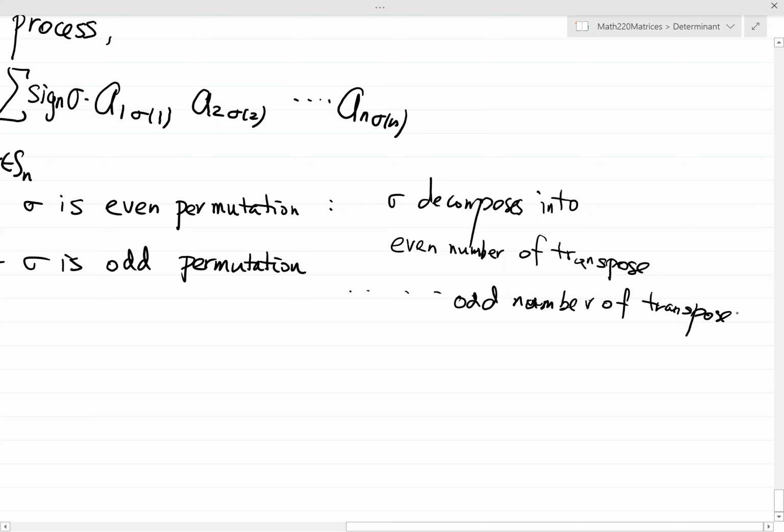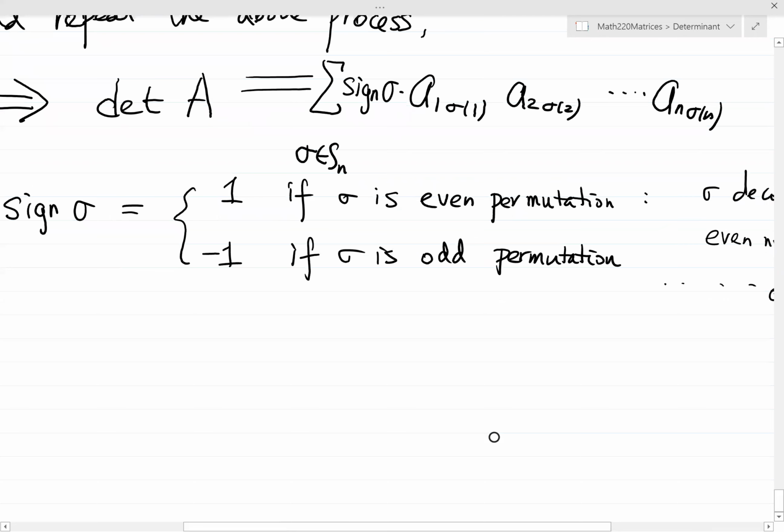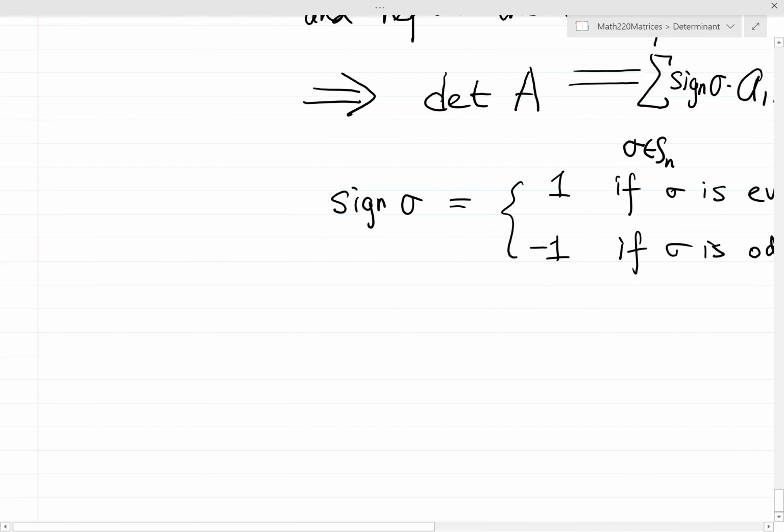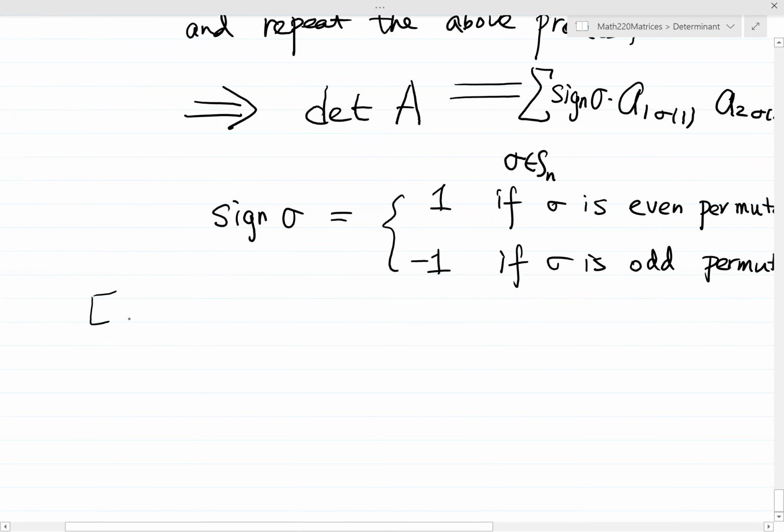Let's see one example. Again, to make this clear, we choose the smallest case possible. We choose n to be 2. The permutations of the symmetric group on 2 letters: the identity map changes nothing, and then the other σ maps 1, 2 to 2, 1.